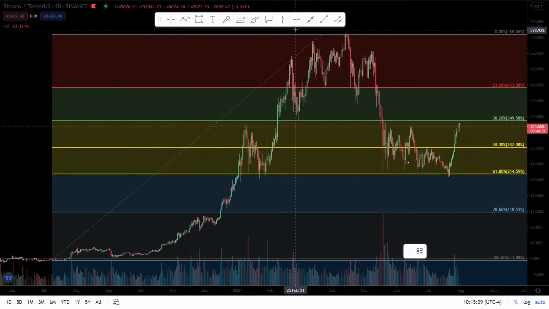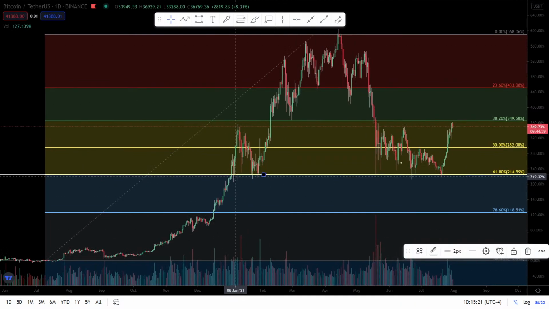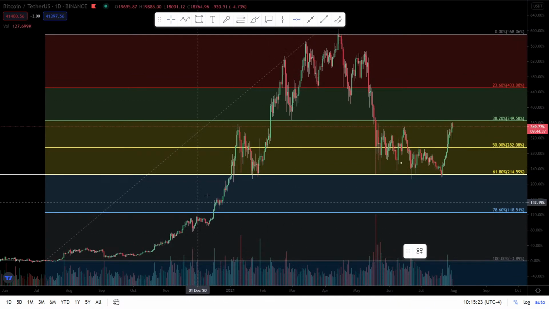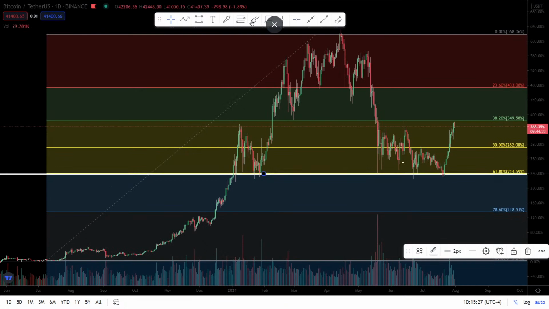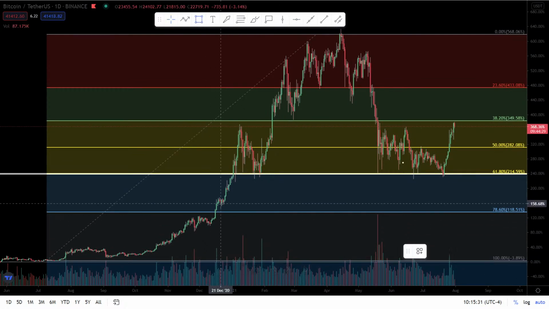As soon as I did that, look at what happened. Let me see if I can highlight this, let me use this rectangle again.